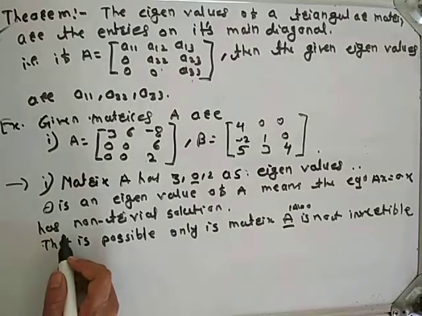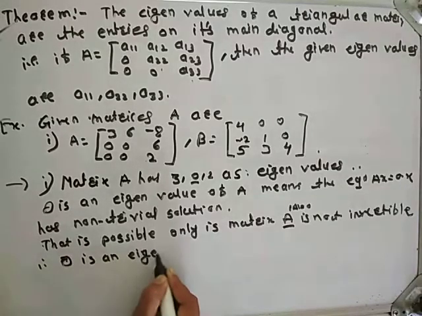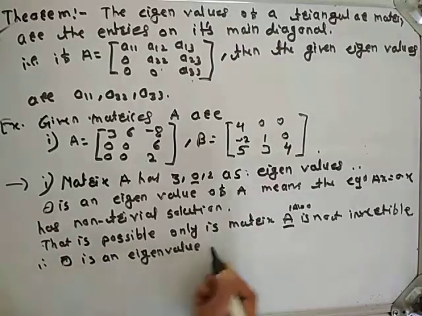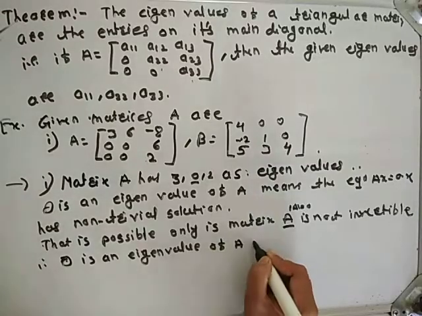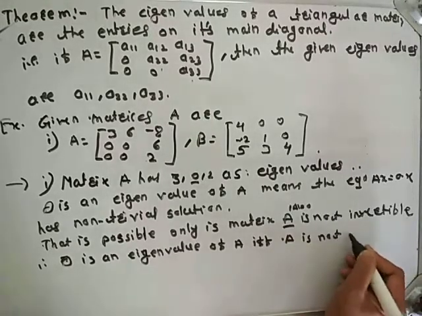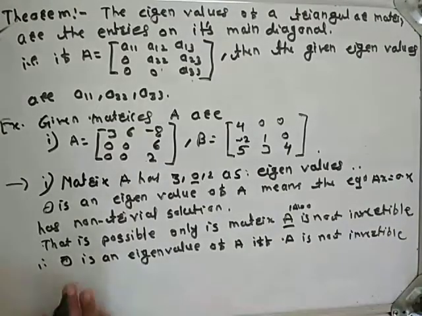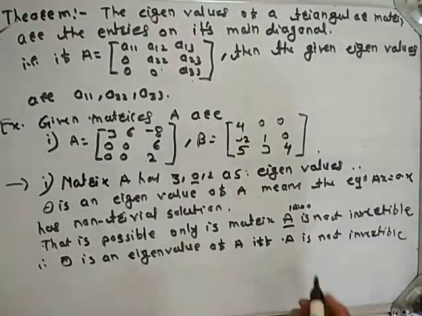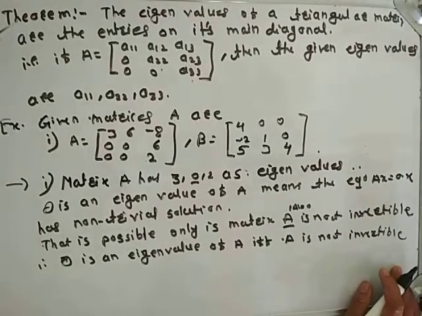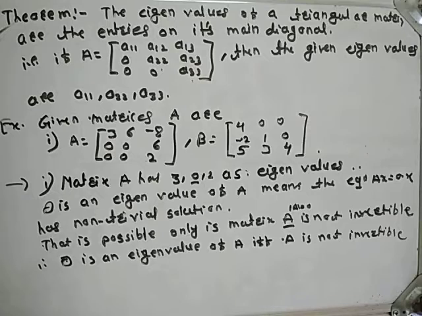Therefore 0 is an eigenvalue of A if and only if A is not invertible. Students, always keep in mind that 0 is an eigenvalue of A if and only if A is not invertible, that is, if and only if determinant of A is equal to 0.